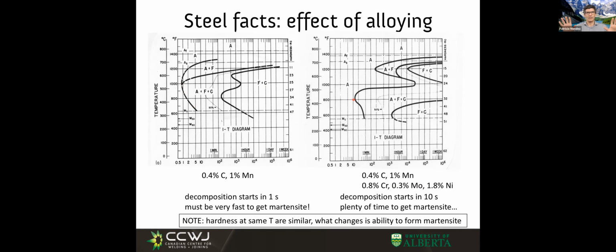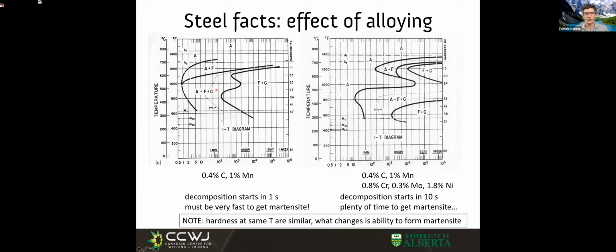Let's think about this. If in a weld I cool down in any more than a second, I'm going to have in a 1040 steel, let's pick 5 seconds. If I cool down in 5 seconds, I know I'm going to have some amount of primary ferrite and some amount of ferrite and carbide, whether it's perlite or bainite.